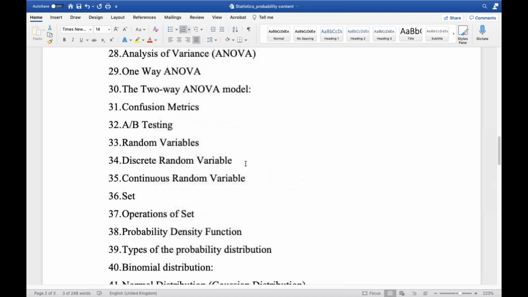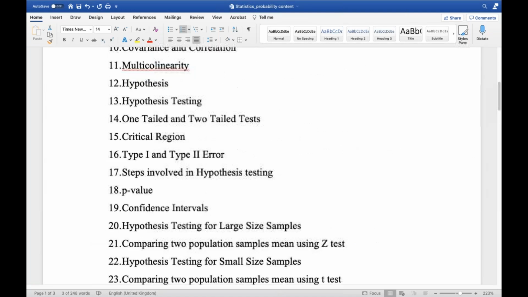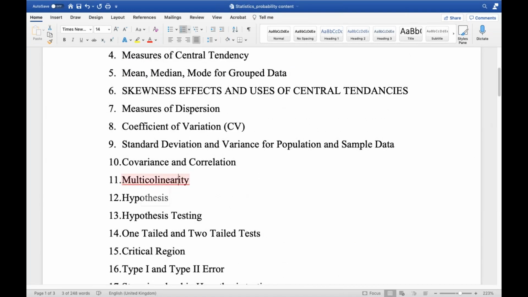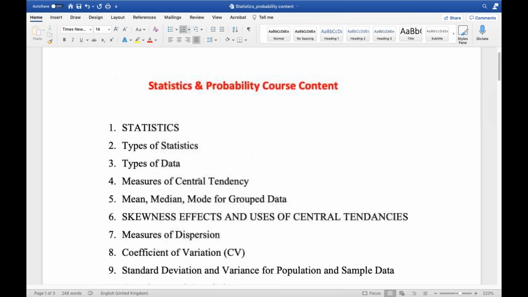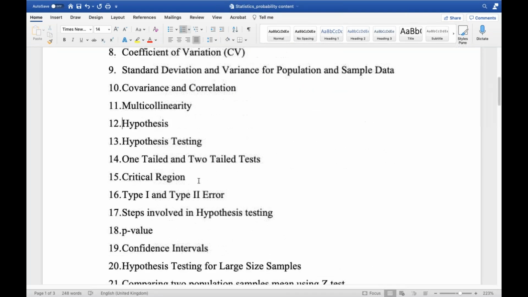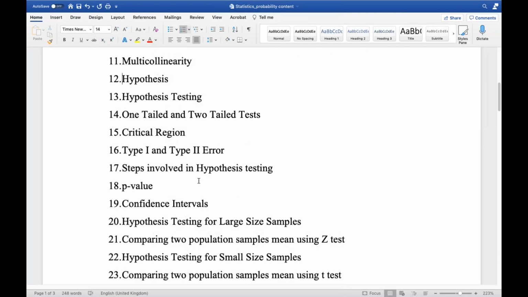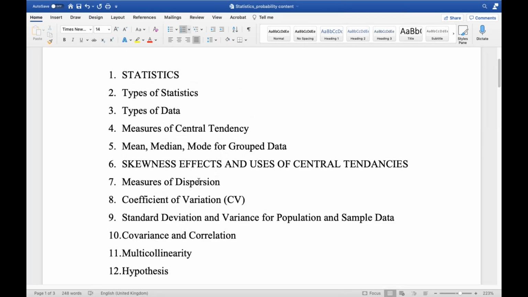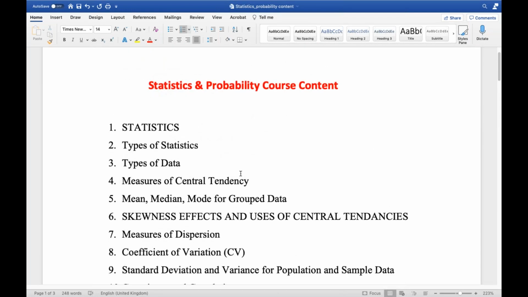Okay, so actually there are a few more concepts. Definitely, I would like to introduce those particular topics as well. If I miss any statistics point, I would like to add it into this course content.